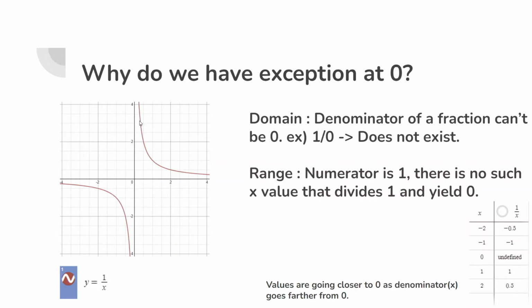Here you can see that the y value is going closer to 0 as x value increases, and on the negative side, the y value goes closer to 0 as x value goes farther from 0.